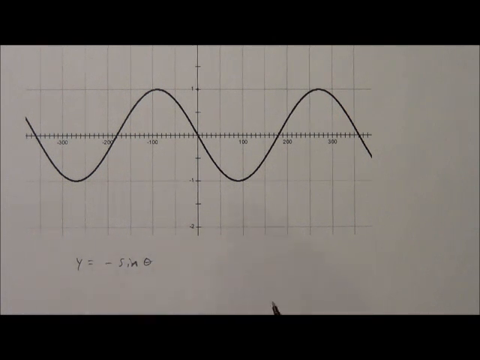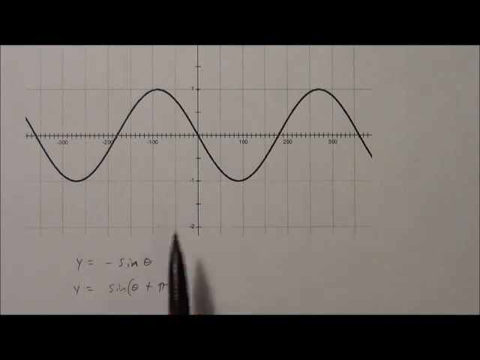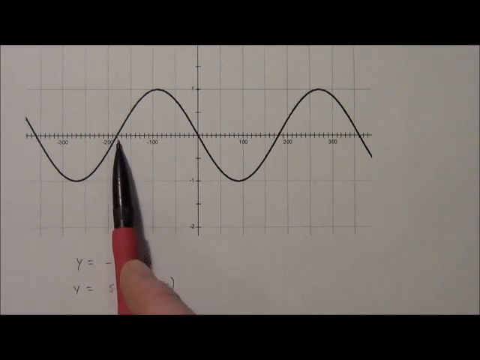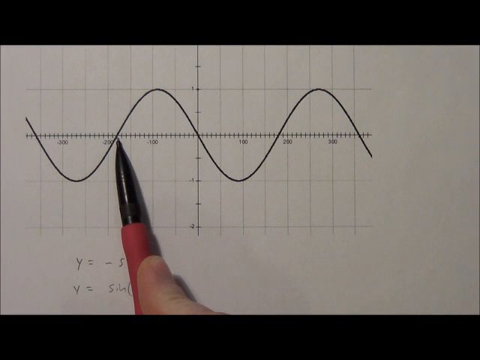Then if we stick to the sine function, we could say it's also y equals sine of theta plus pi, meaning that it's been shifted to the left, a phase shift to the left of pi. So that means that this would be the beginning of the curve here.